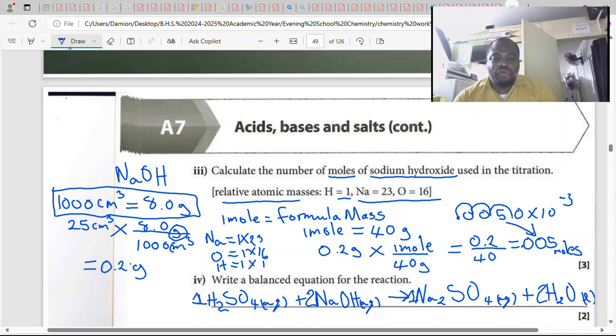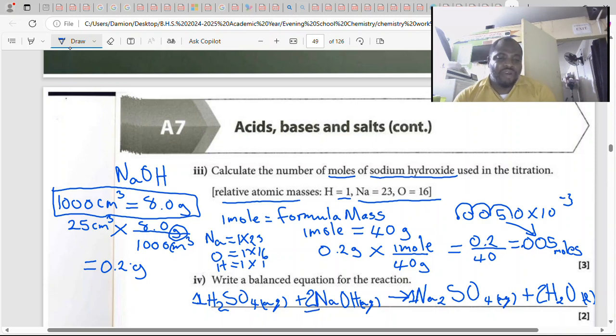So you need to understand that we have 1 mole of sulfuric acid reacting with 2 moles of sodium hydroxide. This will provide 1 mole of sodium sulfate and 2 moles of water. And so the questions will be related to the reaction that is happening between the sulfuric acid and the sodium hydroxide.